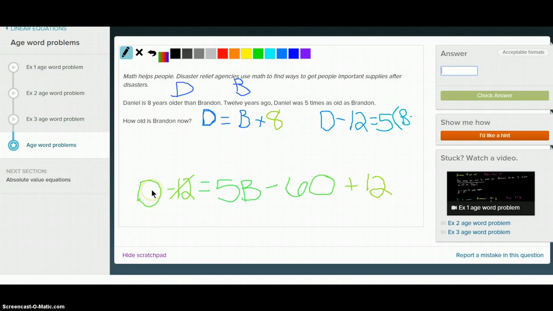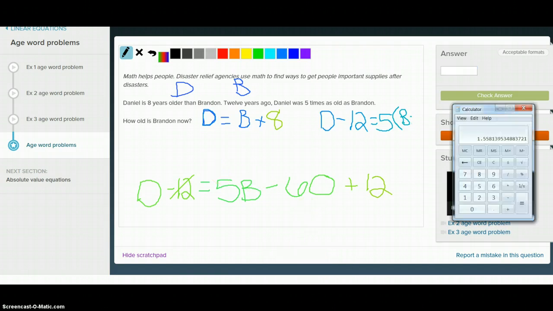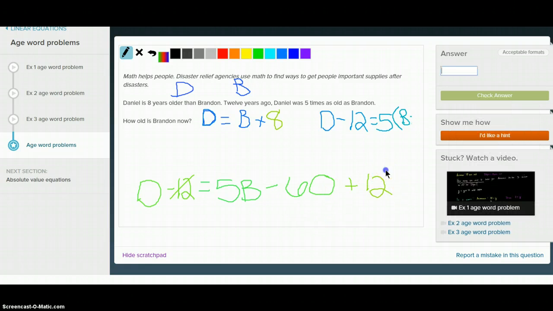Okay, so now we have D equals 5b minus 60 plus 12. Okay, and we can kind of combine some of those terms right there. So we have negative 60, and then we're adding 12, so that's the same as negative 48.